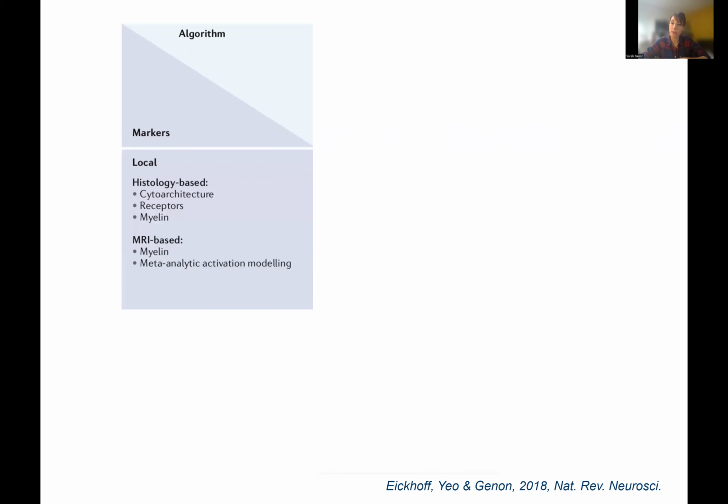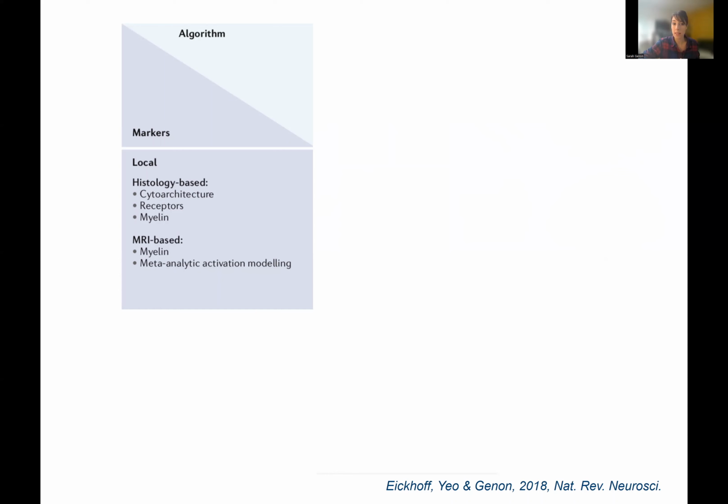On the one hand, we have local features that probe really local properties of brain tissues. So we have histology-based features such as cytoarchitecture, receptor, or myelin, but we also have MRI-based features such as myelin, which can also be estimated from MRI data, or the meta-analytic activation modeling approach. The idea here is to look at the functional response of brain regions or brain areas across a range of activation paradigms.